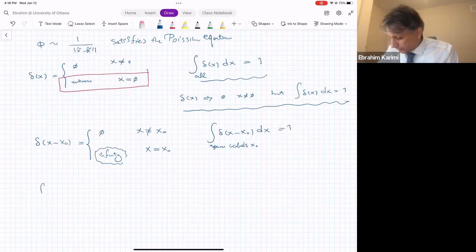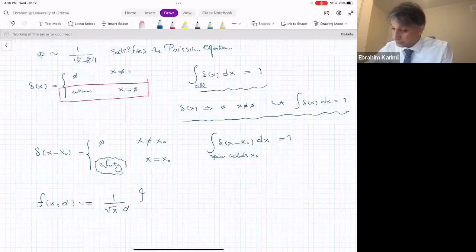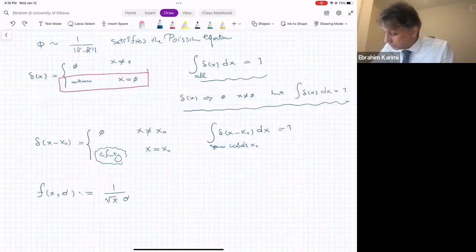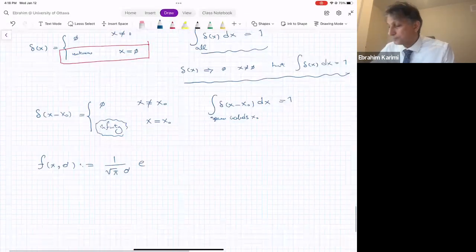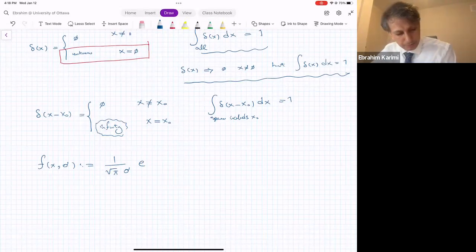Let's assume this function f of x and sigma, and I define it to be 1 divided by square root of pi sigma, e power of minus x divided by sigma to the power of 2.